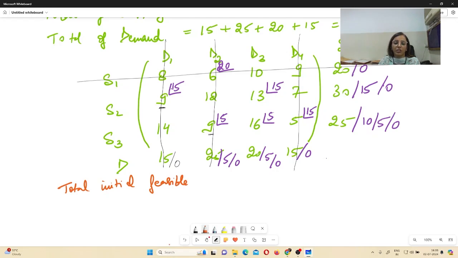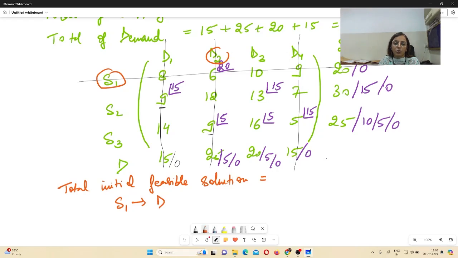Total initial feasible solution in this case is equal to how much the feasible solution is from S1. Now your goods from S1 to D2. First, that is your S1, and from S1, how many units have we transferred? 20 units we have transferred at a rate of rupees 6.